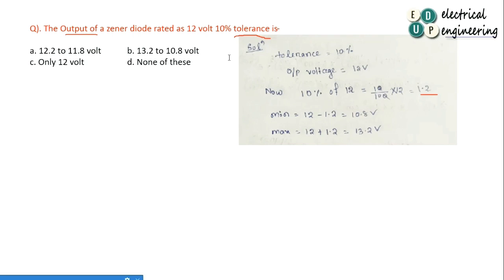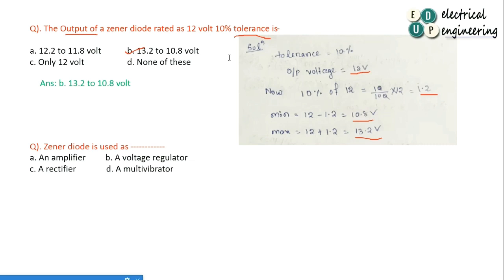For minimum, we subtract it from 12: 12 minus 1.2, which is 10.8. For maximum, we add it to 12. So its value is 12 plus 1.2 equal to 13.2. So the correct option is B.